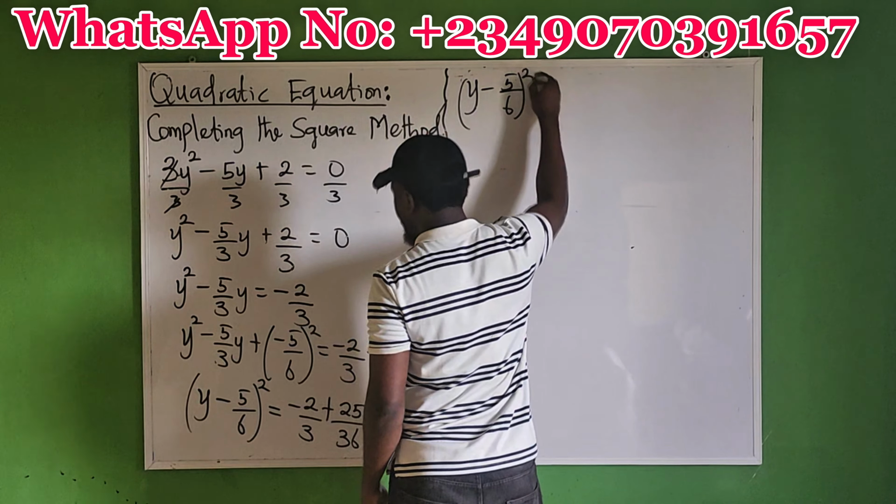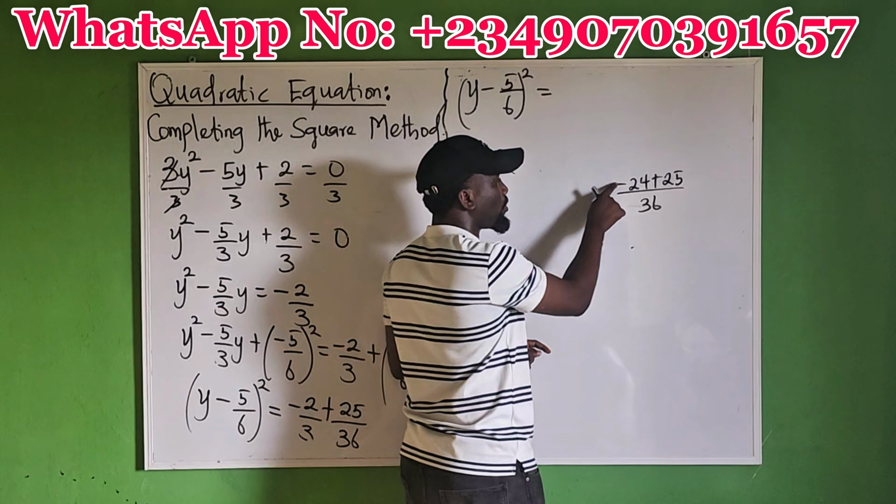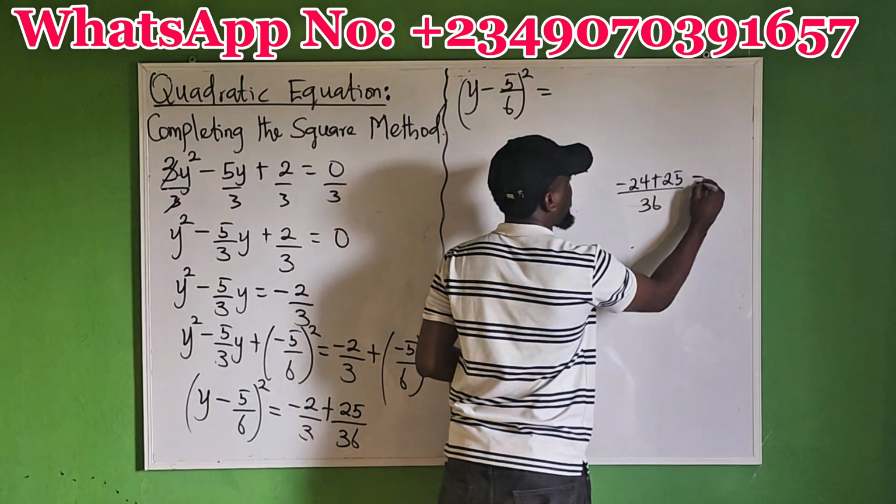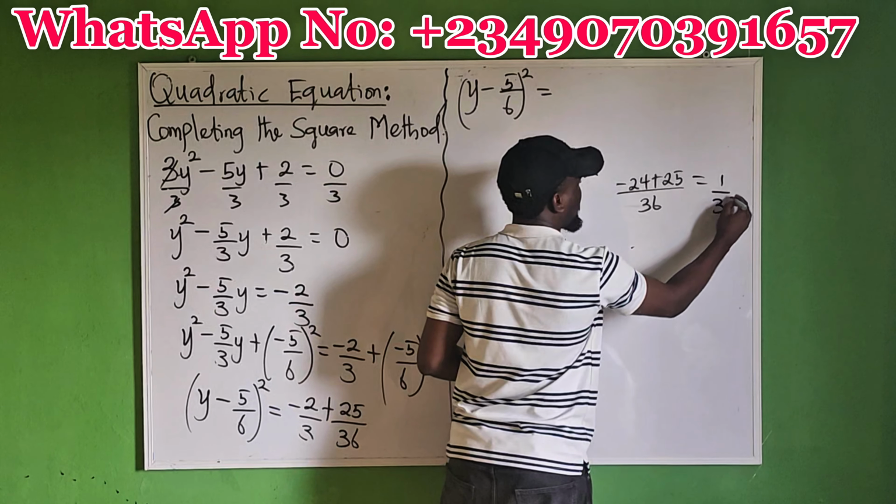The LCM for 36 and 3 is 36. 36 divided by 3 is 12. 12 times negative 2 is negative 24. Then 36 divided by 36 is 1, and 1 times 25 is 25. So minus 24 plus 25 is 1 divided by 36.